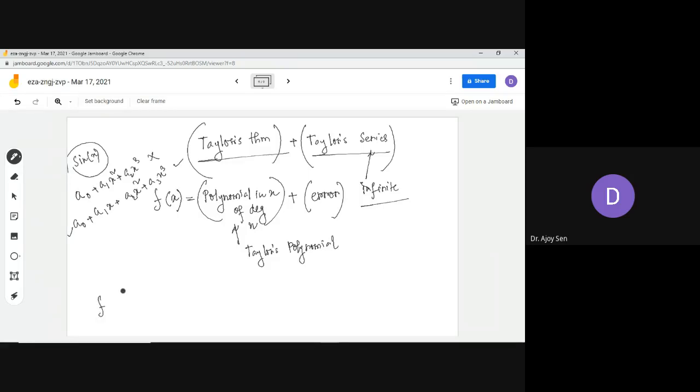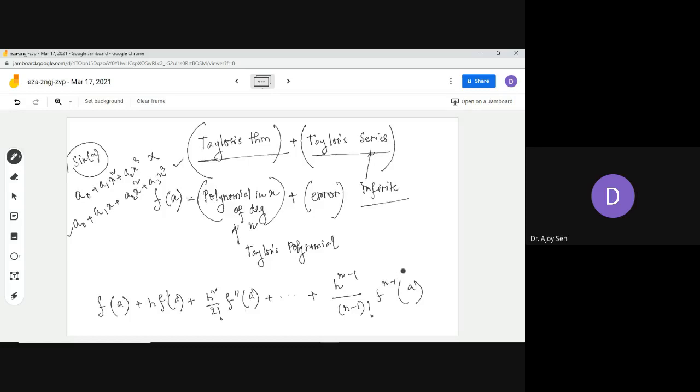This Taylor's polynomial, actually we can write in this way, like f of a plus f dash a... This is the Taylor's polynomial, okay, of degree n minus 1.